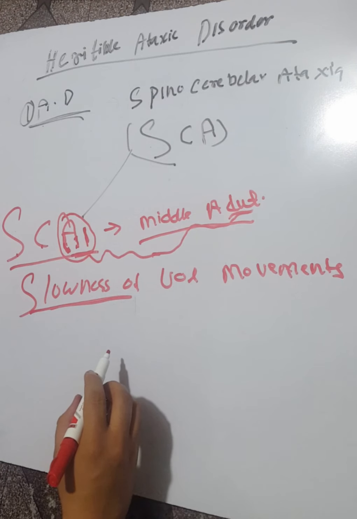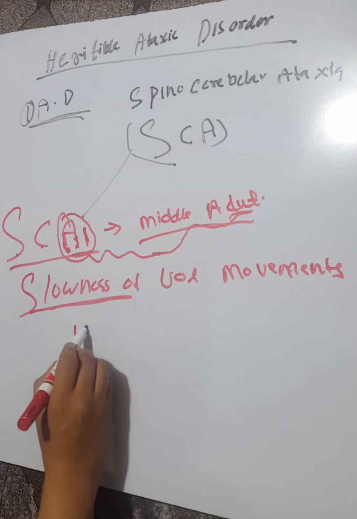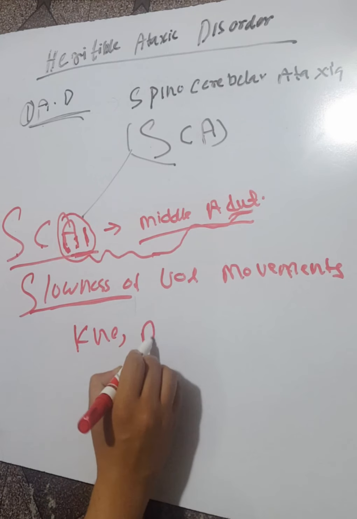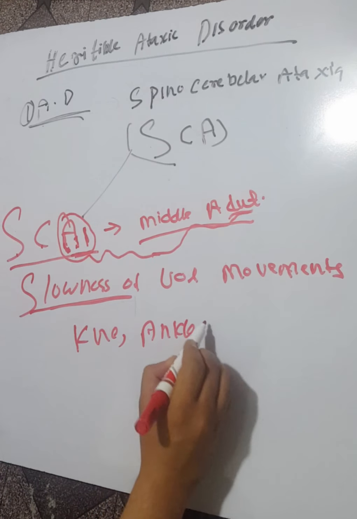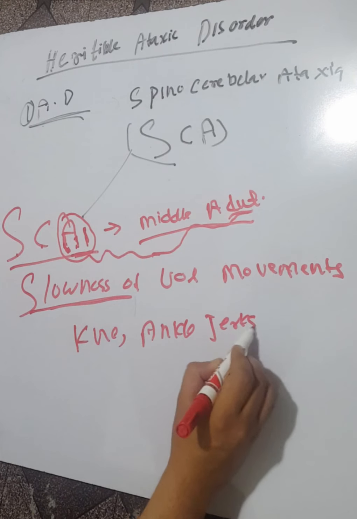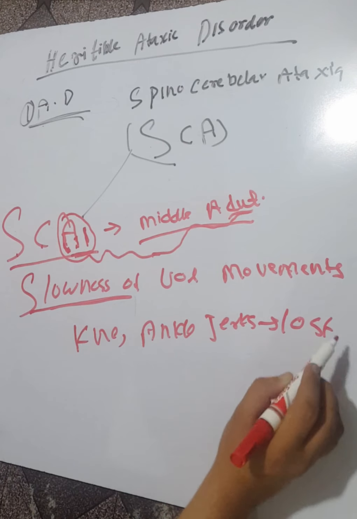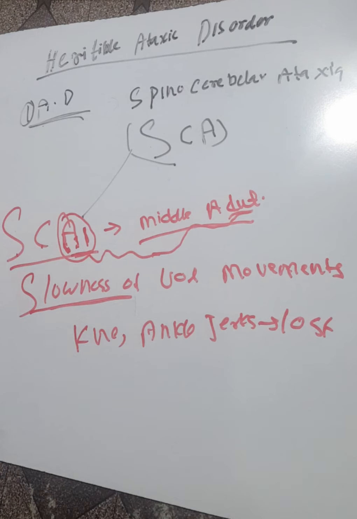There is normal reflex, but the knee and ankle jerks are lost in SCA1.